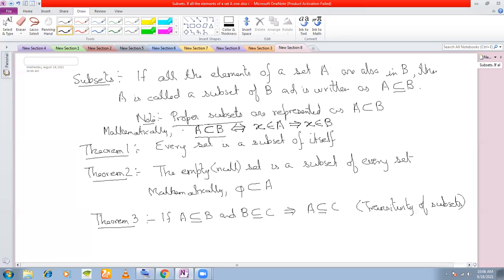A lot of theorems can be proved with the help of this. In fact, in sets, most of the theorems are proved with the help of this.